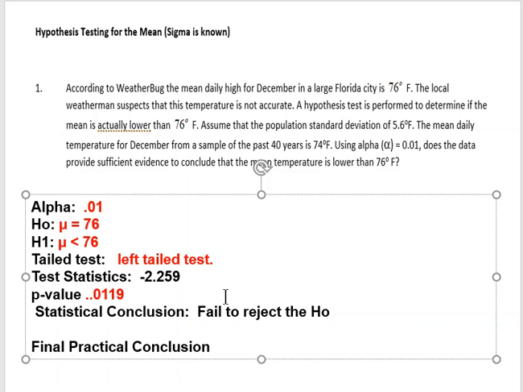What I'm telling you is that 74 in this particular sample, at this particular alpha level, is not sufficiently less than 76 to be sufficient for statistical purposes. That's the final conclusion.